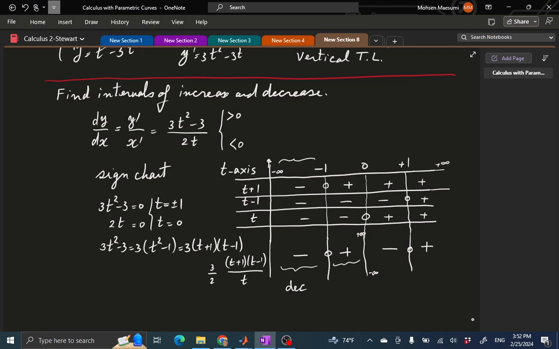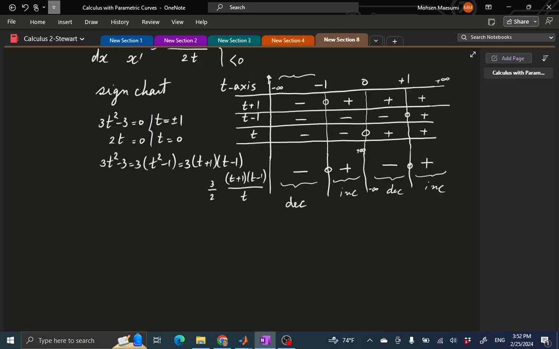Here is going to show an increasing behavior. Here is going to show a decreasing behavior. Again, an increasing behavior. So intervals of increase and decrease, intervals of say decrease first.